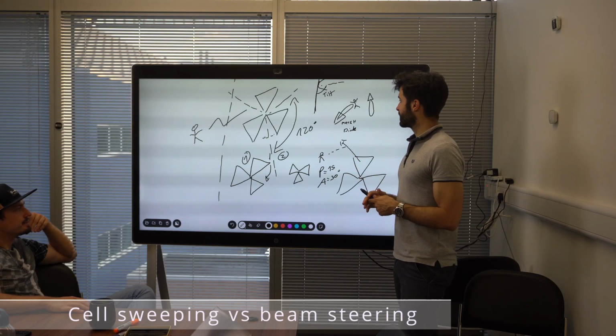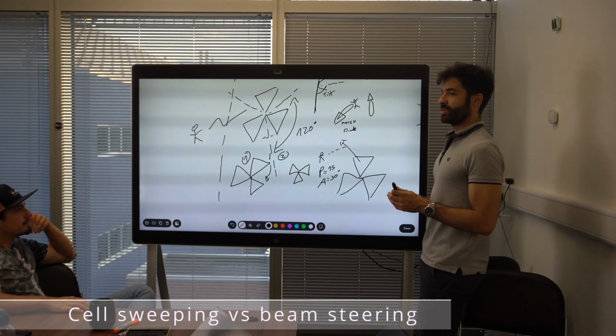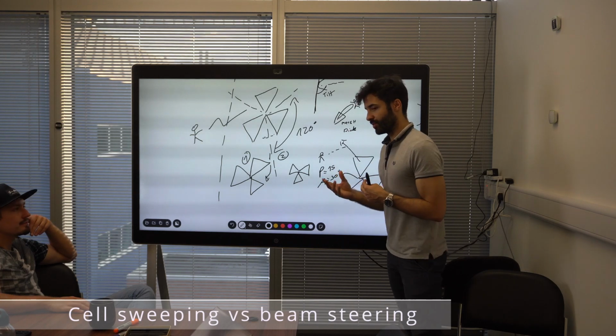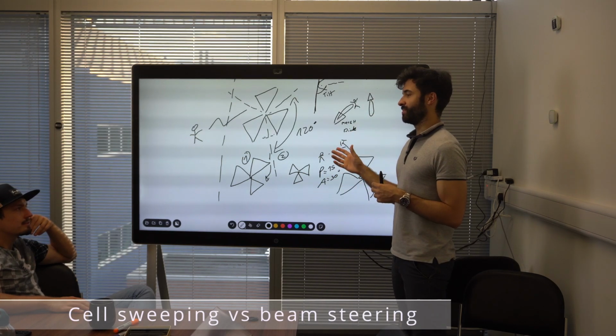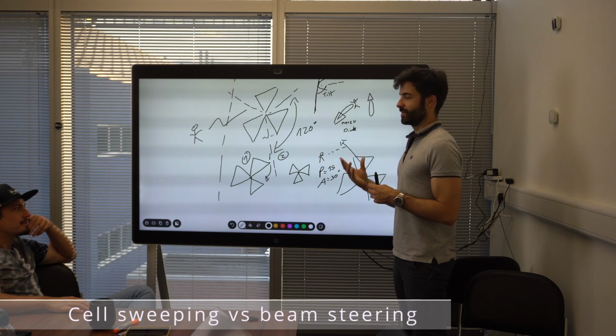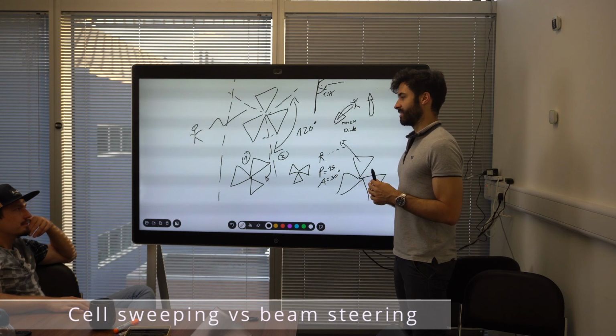This is an important difference. While beamforming is mostly deployed in millimeter waves or high frequencies, cell sweeping could be deployed at any frequency, in any technology, even probably in different wireless technologies besides cellular systems.